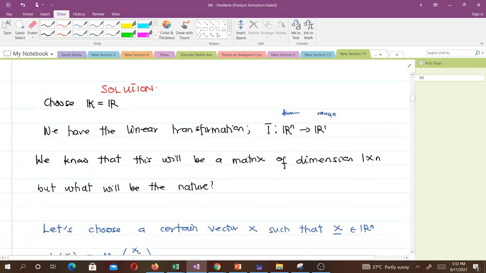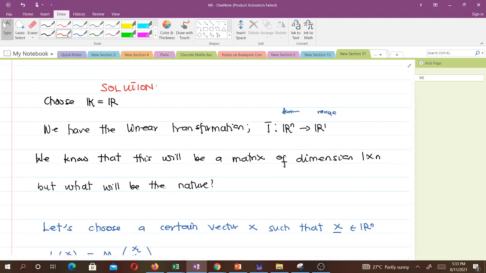Okay, so remember from our previous lesson that I told you that in a finite dimensional space like we have here, the linear transformation is always a matrix, and the dimension of it is given by 1 by n, right? So the dimension of the range by that of the domain.